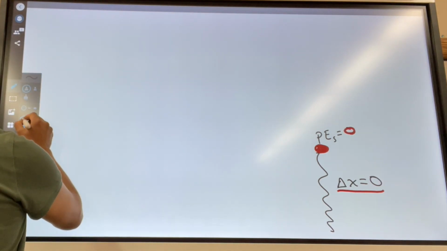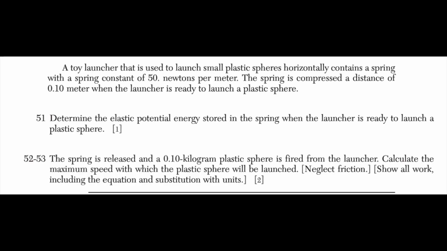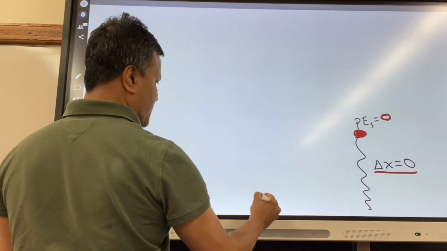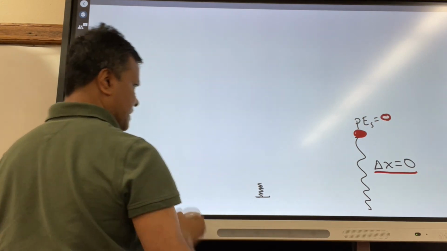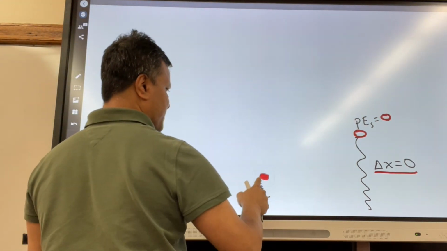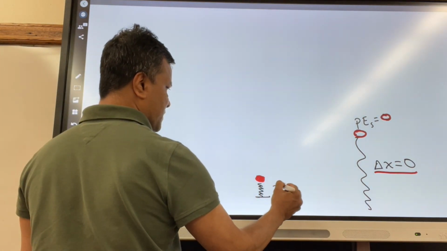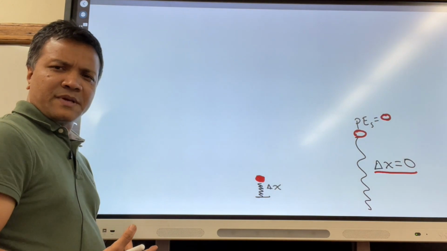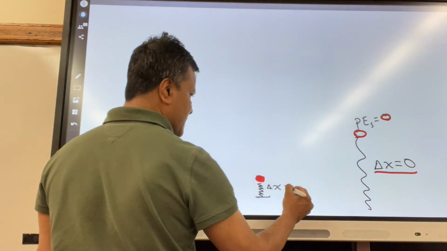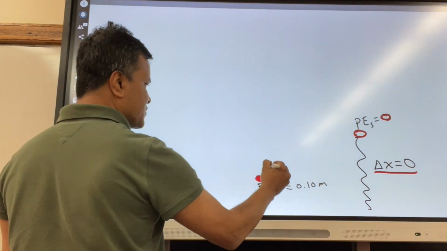So if I change the scenario, if I have a compressed spring, and I put the same ball over here. Now what happened? If the change of spring or displacement is 0.10 meter, then do I have any potential energy?